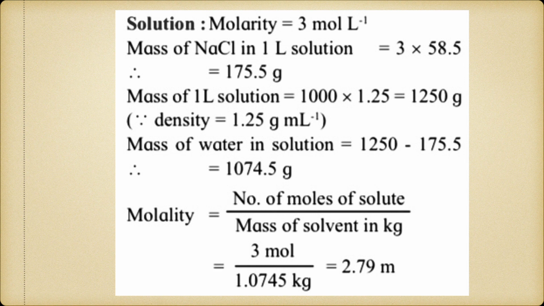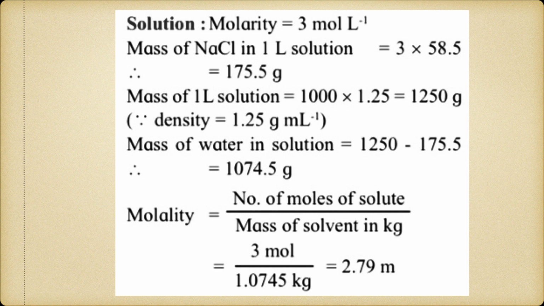Next one, mass of 1 liter of solution. For that, the density is given as 1.25 gram milliliter inverse. Now I know the formula, density equal to mass upon volume. So if I want to find out mass, I have to multiply density into volume. Therefore I get 1000 into 1.25. Why 1000?